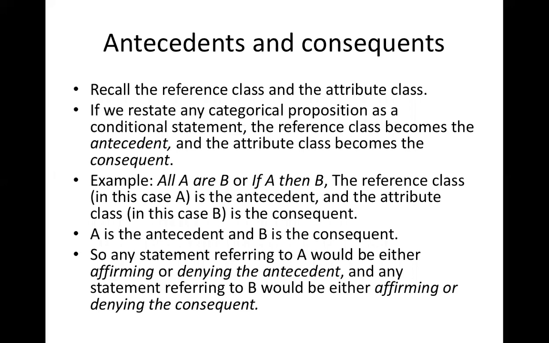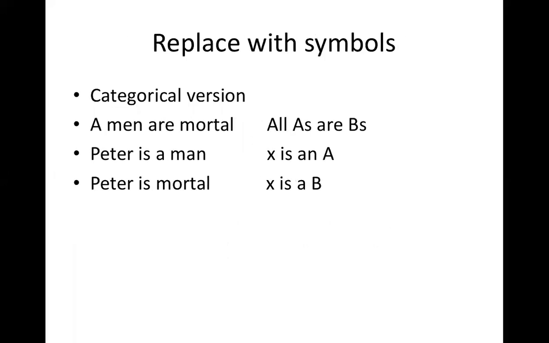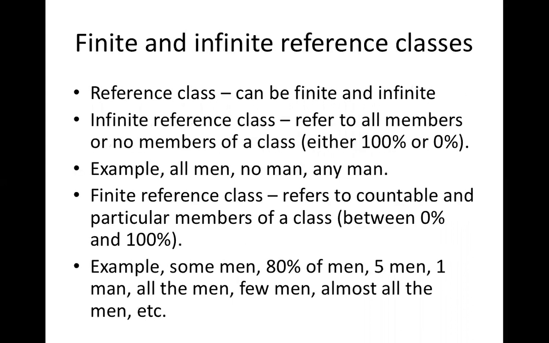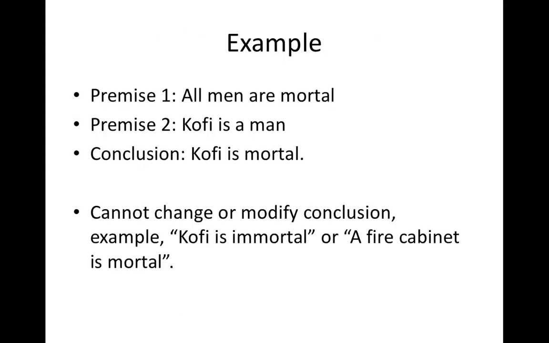So let me go back. All men are mortal. Kofi is a man. Kofi is mortal. When you look at premise one, all men are mortal, the reference class is normally the antecedent. The attribute class is normally the consequent.